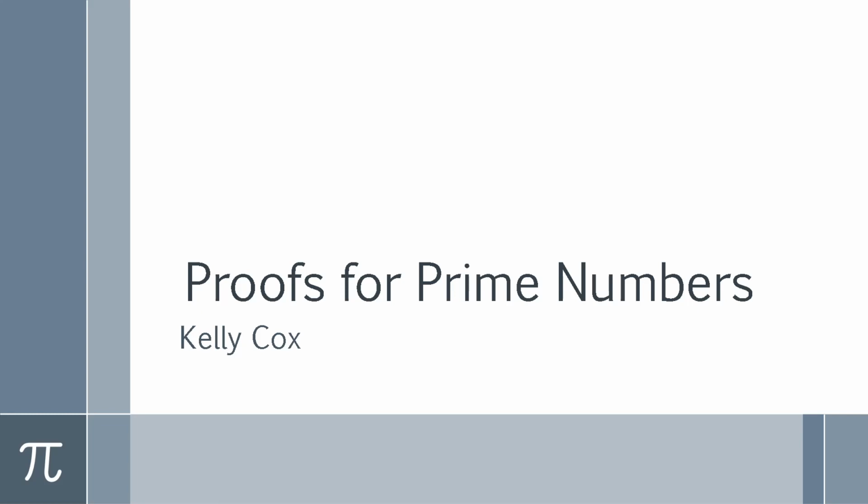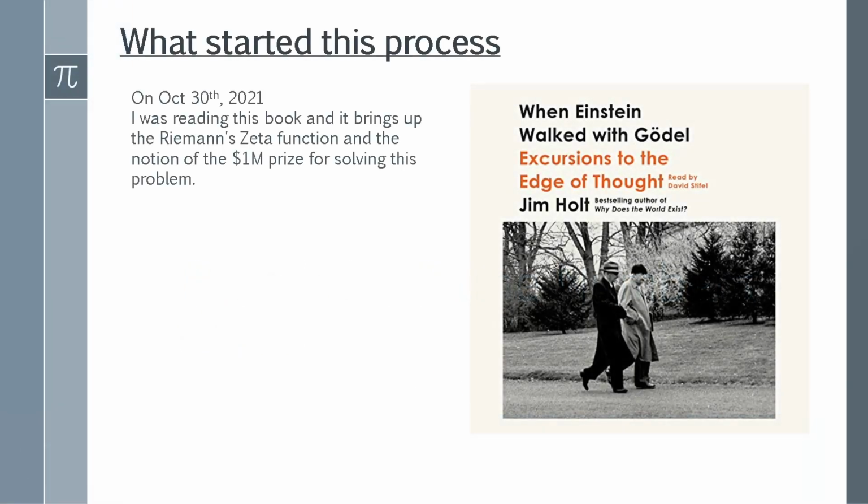I want to just go over the proofs that I've done for prime numbers and for the Riemann Zeta function. I was reading this book, saw the $1 million prize, and that got me interested in looking at this a week ago.